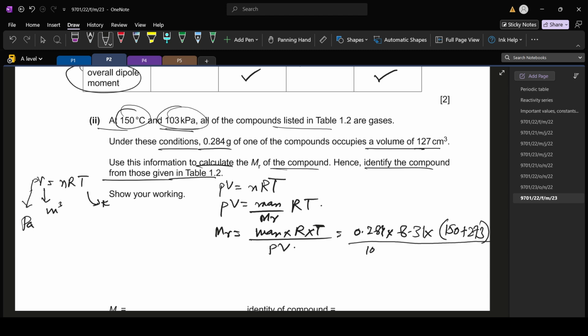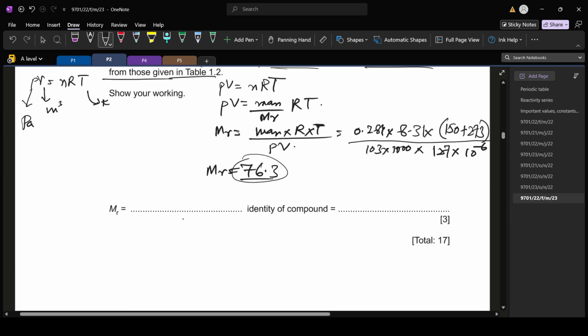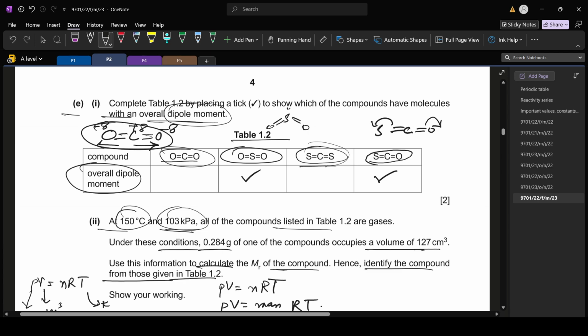So pressure is in kilopascal, so you will multiply by 1000 to make it in pascal, and then volume is in cm cube, so you have to bring it to meter cube, so you will multiply with 10 to power minus 6. Okay, so from here you will find the MR, and if you calculate from the calculator, you will get 76.3.